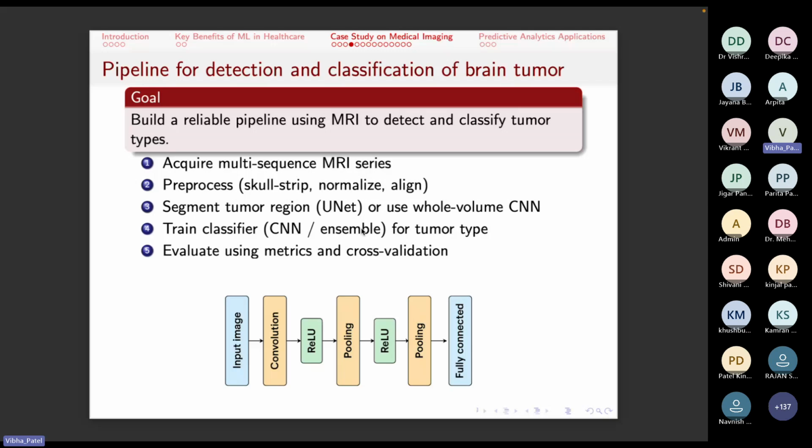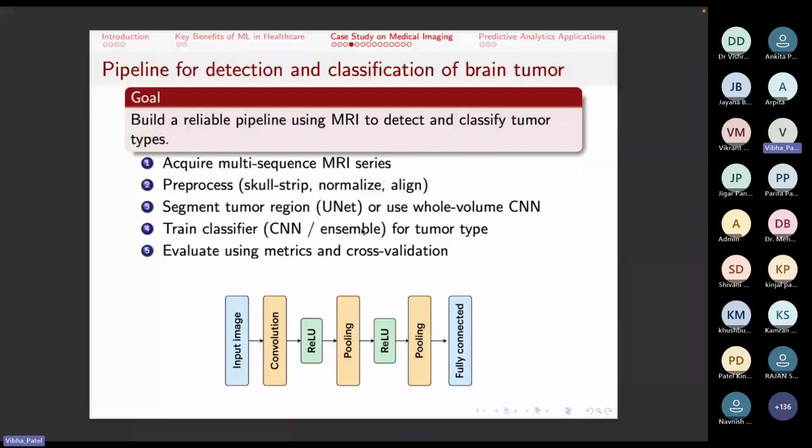Now, the way we start is by acquiring multi-sequence MRI series. If we talk of the BraTS dataset, it contains T1, T1C, T2, and FLAIR data. This multi-sequence MRI comprises various such categories within it.